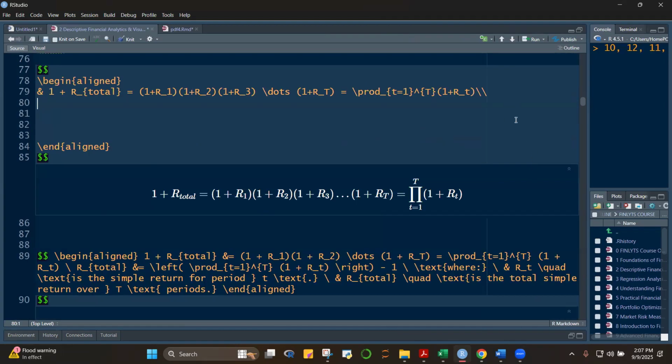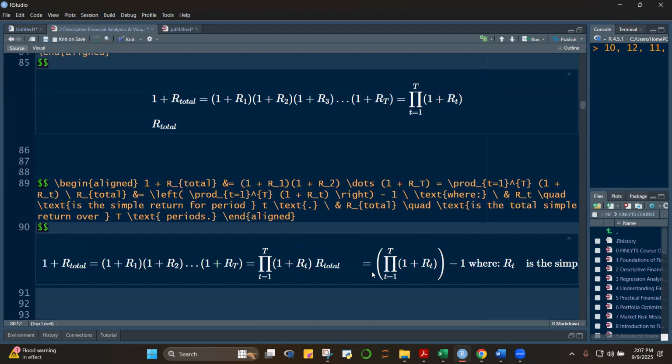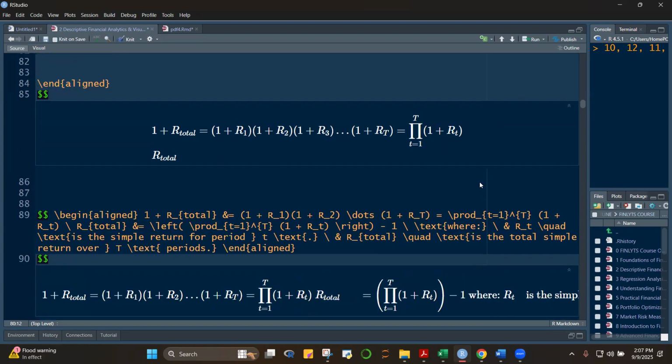So here, we already have the, okay, let's put another ampersand here. And the next one is our total. Let's just copy this class. Control C, Control V. There, our total is equal to what? This, the product, minus 1.